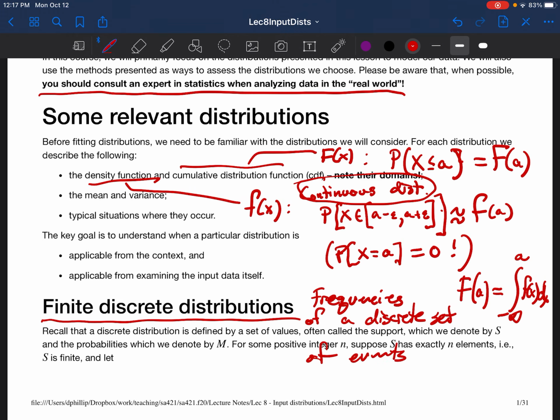Think about coin flipping or rolling a die, or the likelihood that if you sampled a midshipman out of our class, they would be a male or a female, or they'd be a third class or a second class or a first class. I guess in our class that might not be. But anyway, you can count the frequencies of those events occurring just within your sample population, and then that's going to be the probabilities for your discrete distribution. That's the idea.